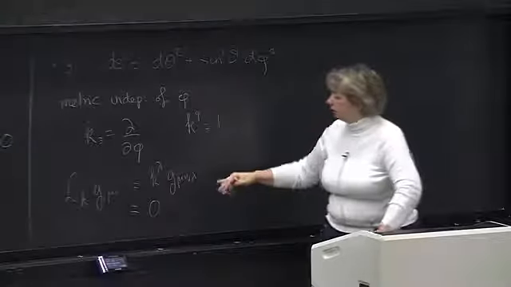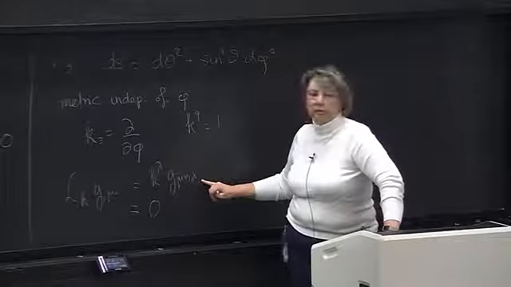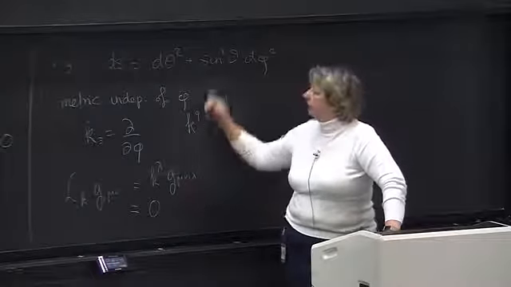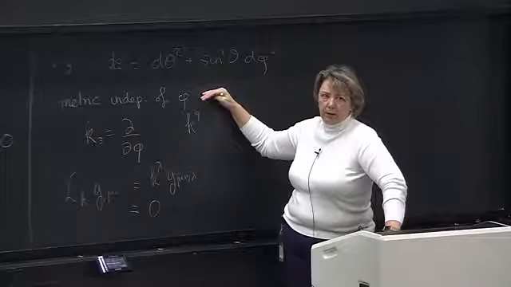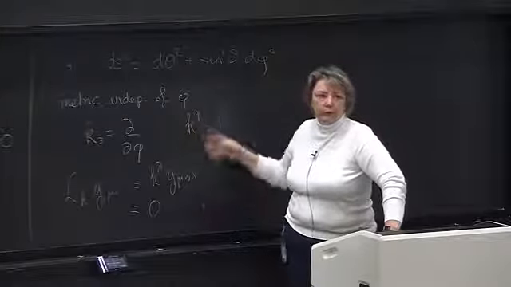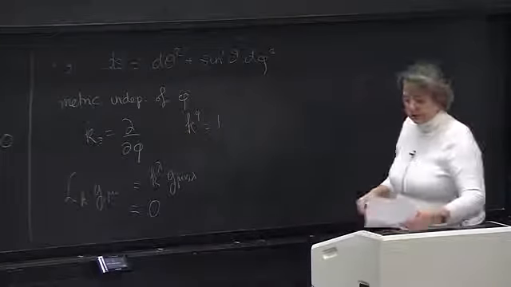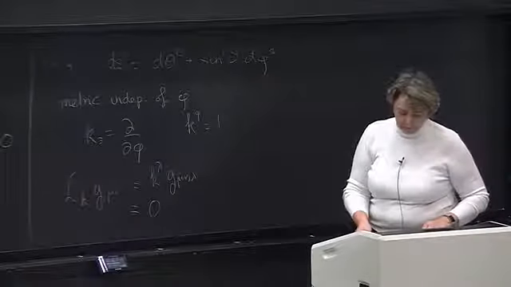And so you see that this is just the partial derivative of g with respect to phi, which vanishes. The fact the metric is independent of phi is completely equivalent to saying its Lie derivative vanishes. So this is a Killing vector, d by d phi.